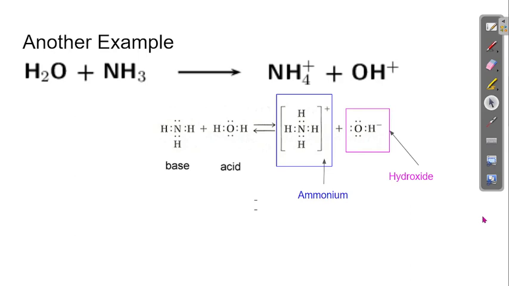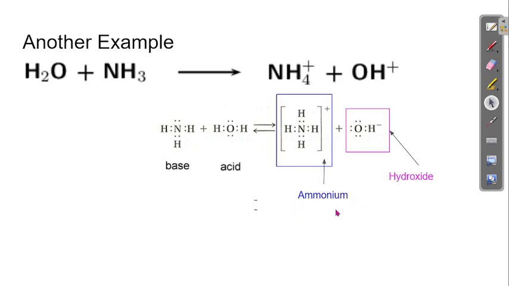Another example, here you have your water, you have your ammonia, and what happens here? Look at this. The ammonia is your base, and here your water is your acid. One of the hydrogens from the water is going to leave that water and attach itself to the ammonia, to the base. When the base, the ammonia, gains that hydrogen, it becomes an ammonium ion.